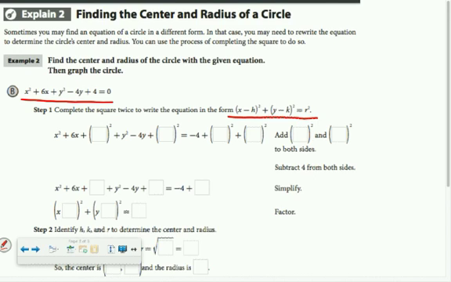And so what we need to do is rewrite this as a trinomial that is a perfect square trinomial, so that it can be rewritten as a binomial squared. And so what we're going to do is complete the square.